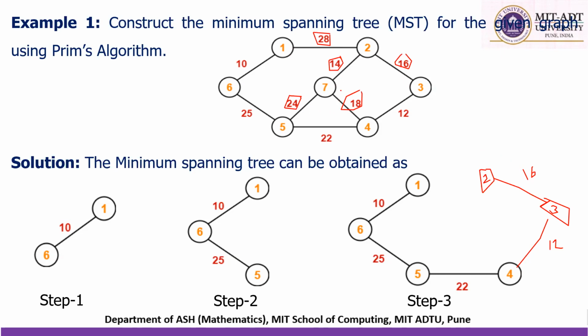So this can be taken. So out of this, which has the minimum value? So this 7 has the minimum. So now we have to select this 7. So I think this is the minimal spanning tree using Prim's algorithm.